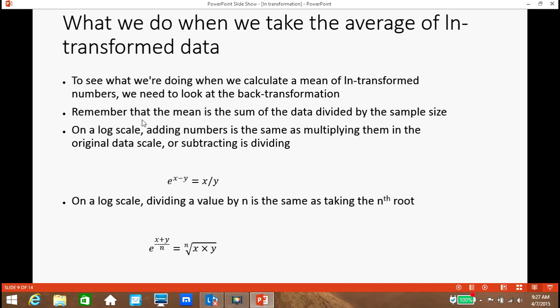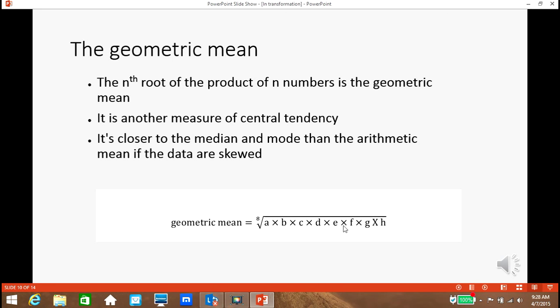Okay, and this is why, okay? So on a log scale, adding numbers is the same as multiplying the original data, or subtracting is dividing. So we're going to see this relationship become important when we're talking about how this changes our null, mathematically how it changes our interpretation of the null. And this relationship is really important because this is back transforming that mean. And so when we do this, it's the same as taking the nth root of the product, and that becomes the geometric mean.